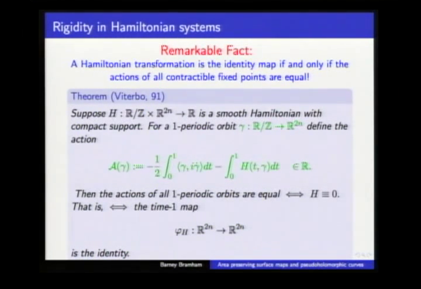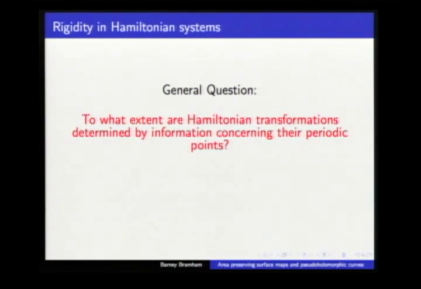And this makes one wonder. This may not be helpful at all, but I'll still ask: to what extent are Hamiltonian transformations in general, dynamics away from the periodic, the recurrent phenomena, determined by the periodic orbits?